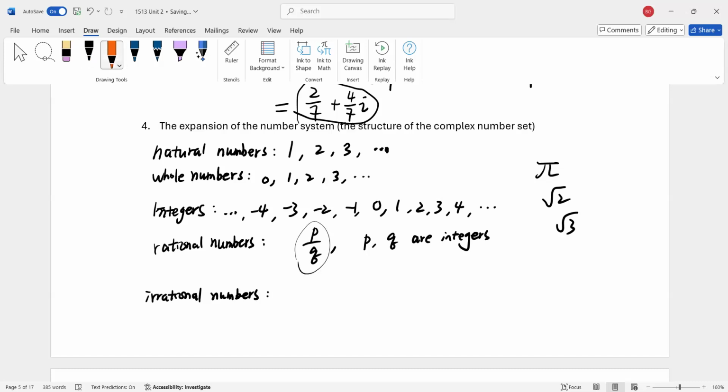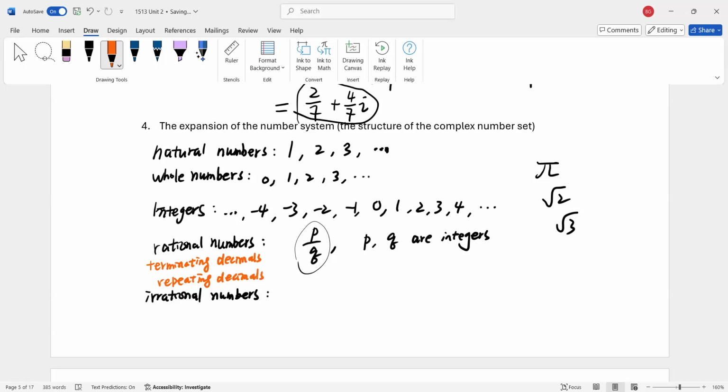Another way to understand rational numbers is that they are either terminating decimals or non-terminating but repeating decimals.